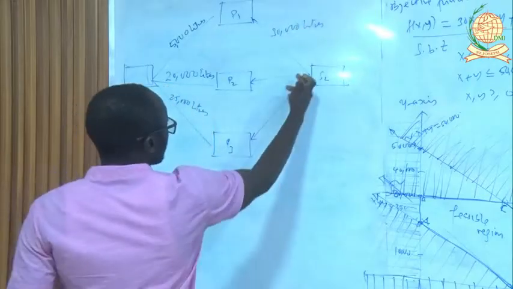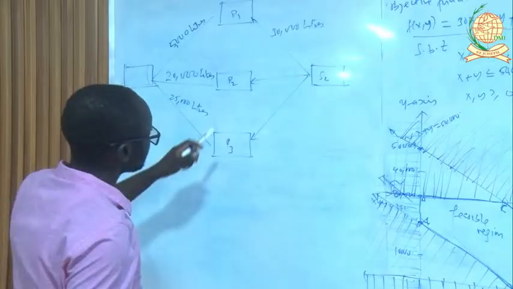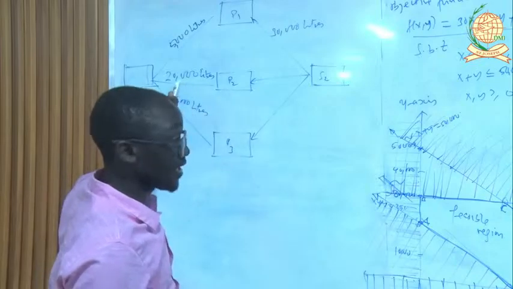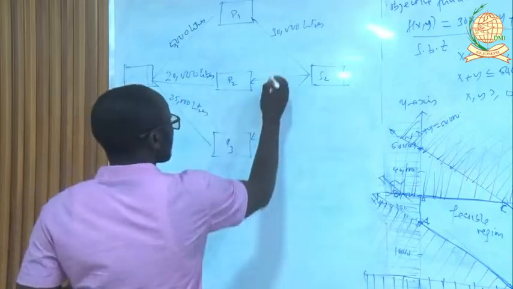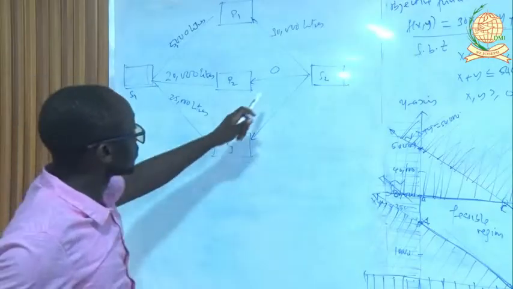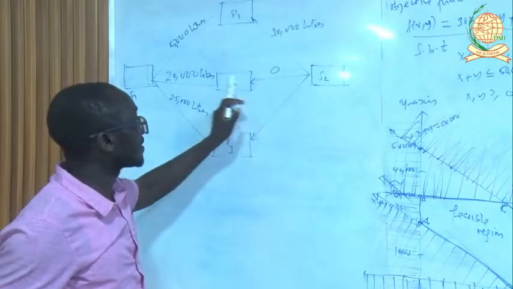What came from S2 on this side was 20,000 minus y, and y is 20,000, so nothing should go from S2 to P2.